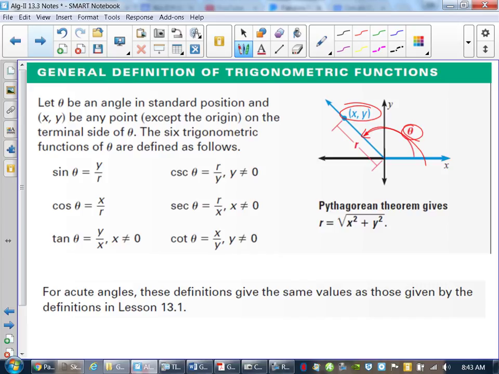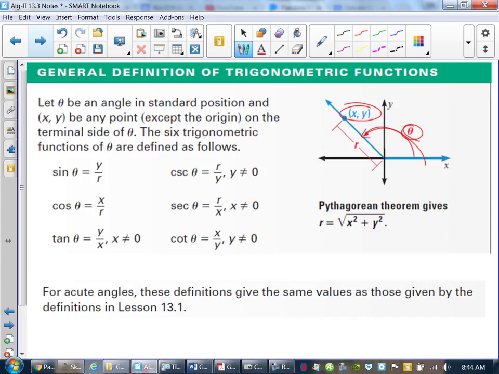Okay. So what I want to look at is we have sine, cosine, tangent, and the reciprocal functions. So when we have sine, sine of theta is y over r. Cosine, x over r. Tangent is y over x.